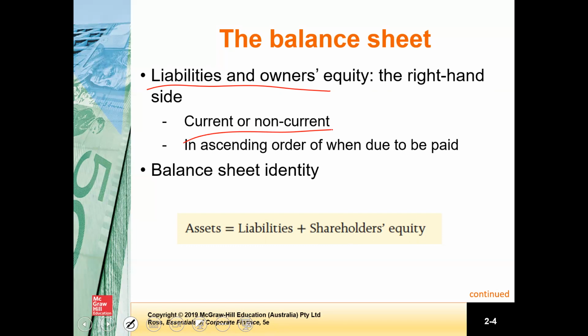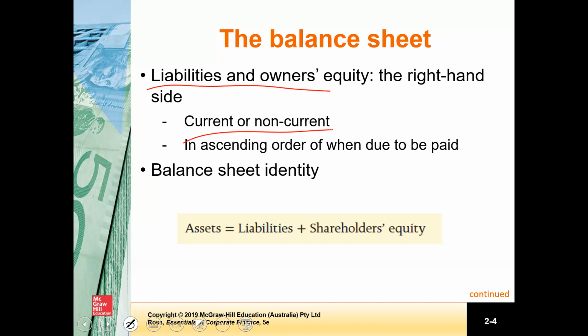The non-current liabilities have a longer maturity or longer payoff, for example, 5 years or so. Finally, by definition, the difference between the total value of assets and the total value of liabilities is shareholders' equity, also called stockholders' equity.